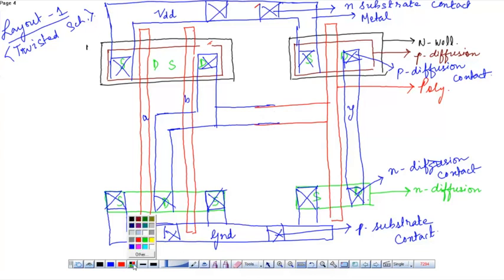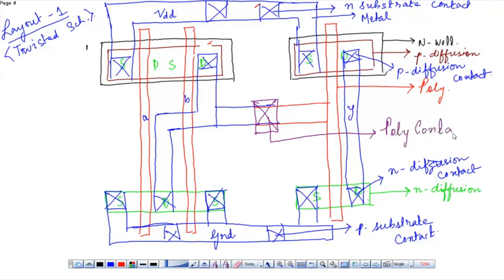Since they overlap and we need a connection, we'll use a poly contact. This is the poly contact. So this is the whole layout of a 2-input OR gate in twisted form.